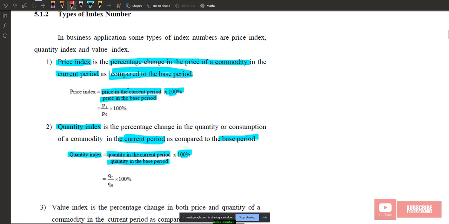Usually price index, let's say IP for 2020, is the price for 2020, PT, the current price for the current year, divided by P naught. P naught represents the price for base year, right?